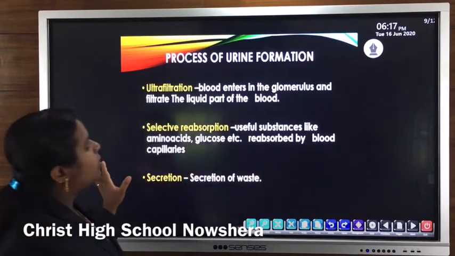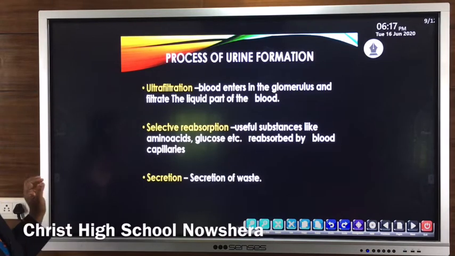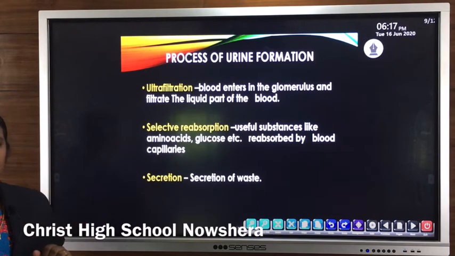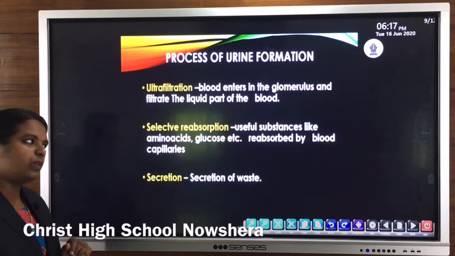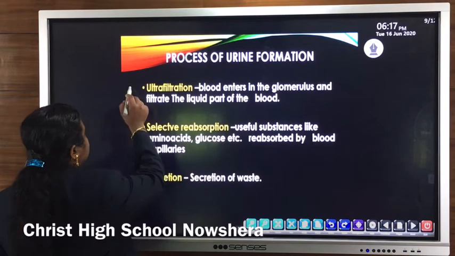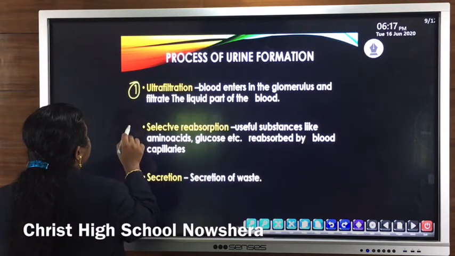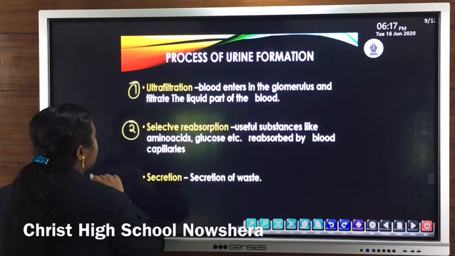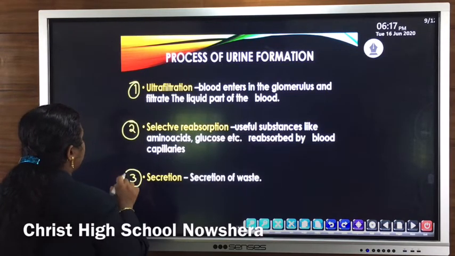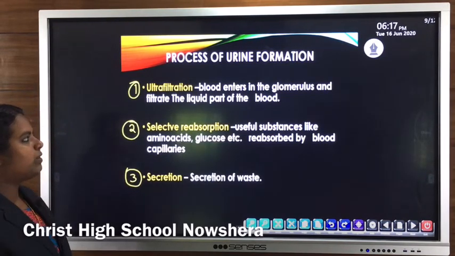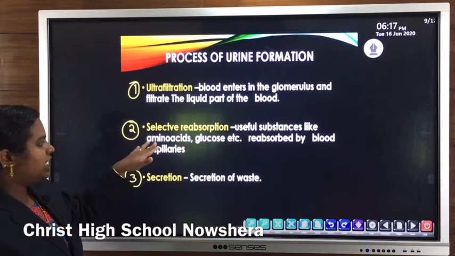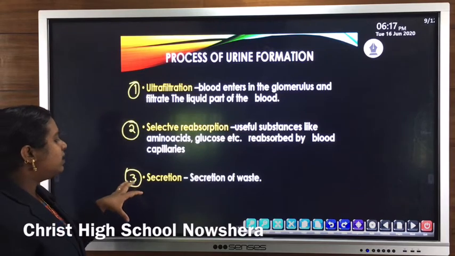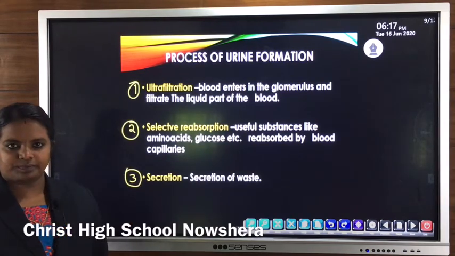Then next, the process of urine formation. How does the process of urine formation take place? It involves three main steps. The first is ultrafiltration, the second is selective reabsorption, and the third is secretion.